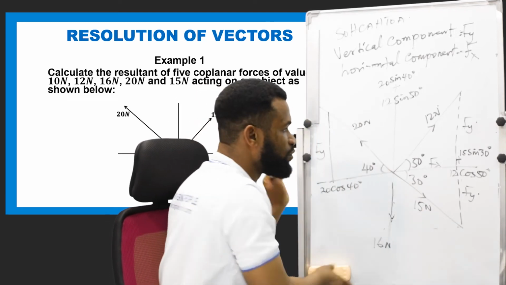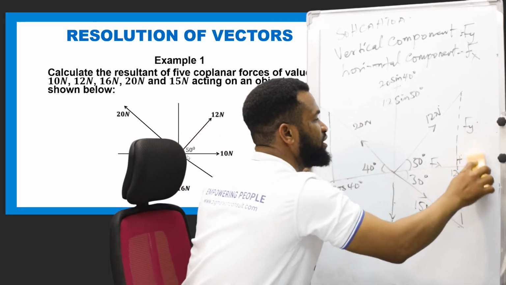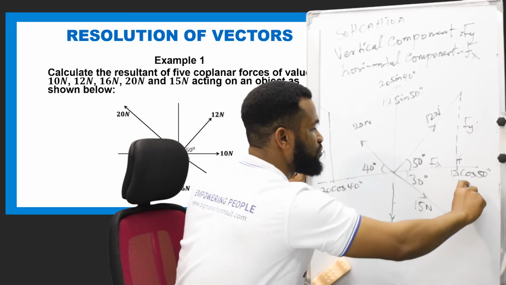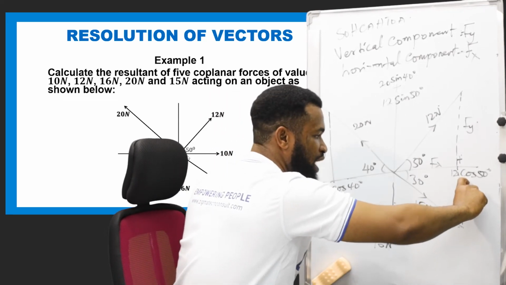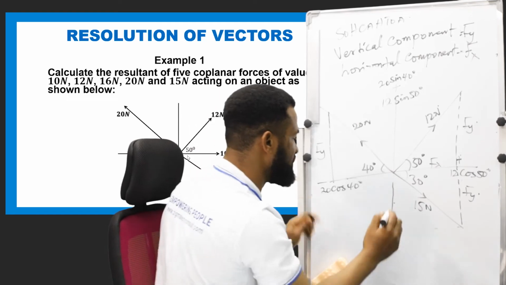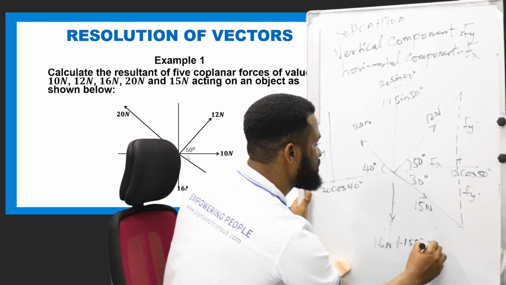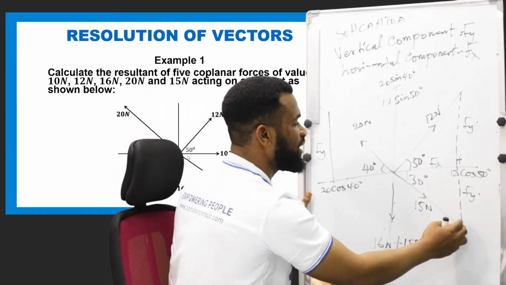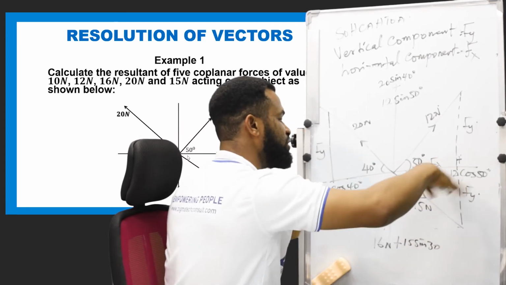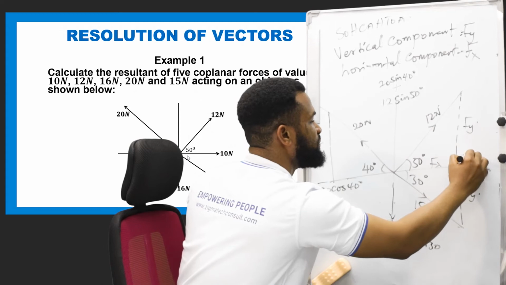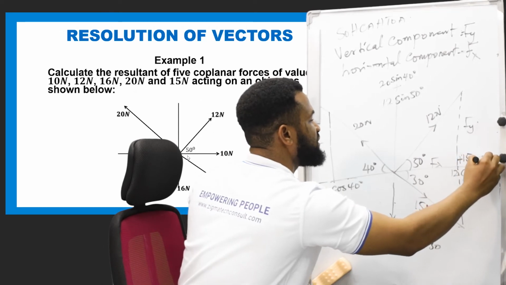Sorry, there is one I have to do here. It's not that one. If I'm considering Fy, I'm talking about the vertical. So it's going to be plus 15 sine 30. So when I consider Fx, which is going to be horizontal, it's going to be 15 cos 30.